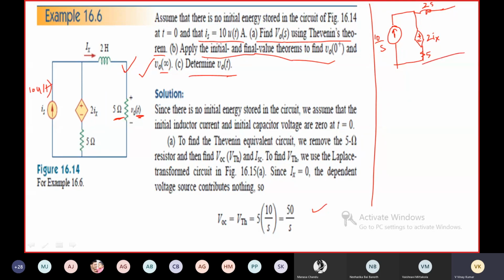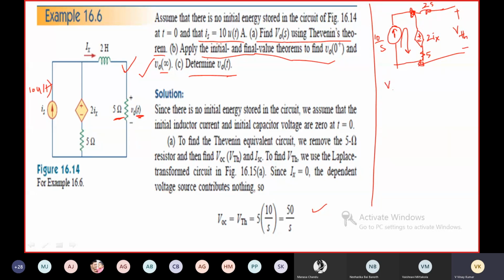The voltage between these two points is VTH or VOC. I have to remove the load resistance, so this current will directly flow through this branch. So the voltage at this point with respect to this point is VTH.